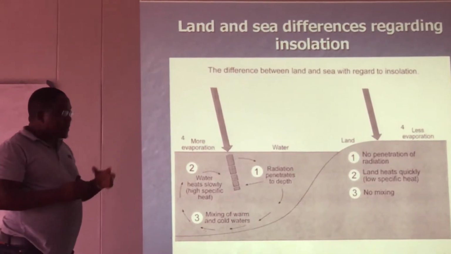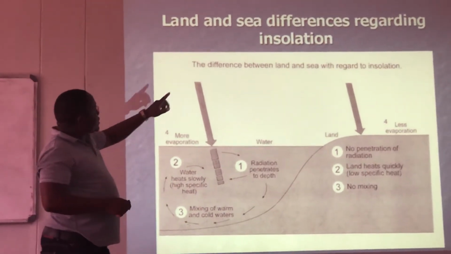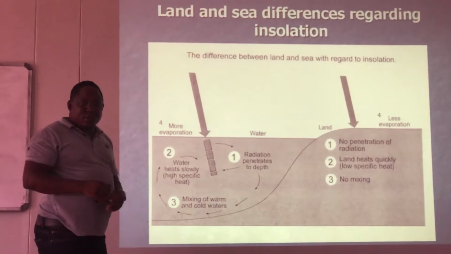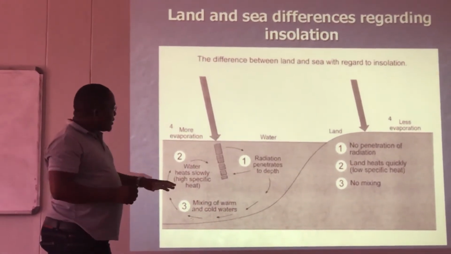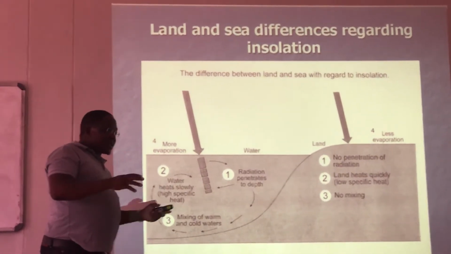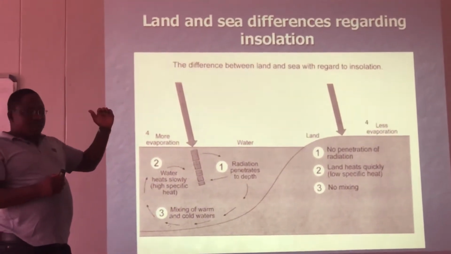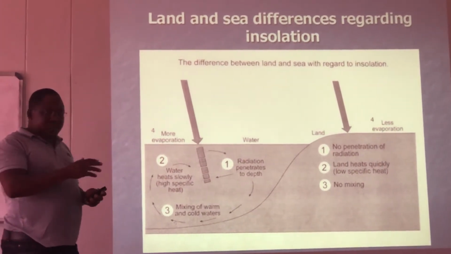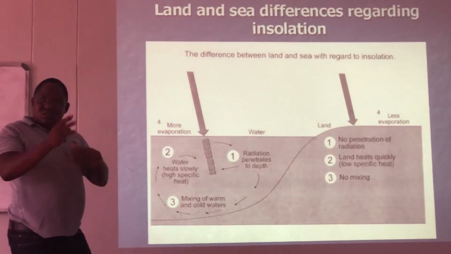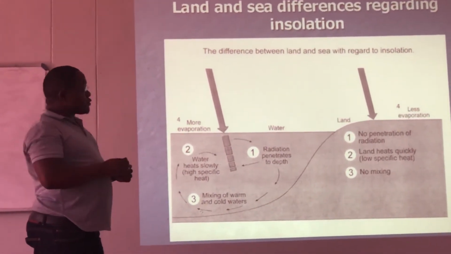So it basically means the way in which insolation interacts with land is not the same way in which insolation will interact with water. As a result, land will have a major difference between the lowest temperature and the highest temperature, whereas for water, because of this maritime effect, you do not have a large temperature range. So what happens?